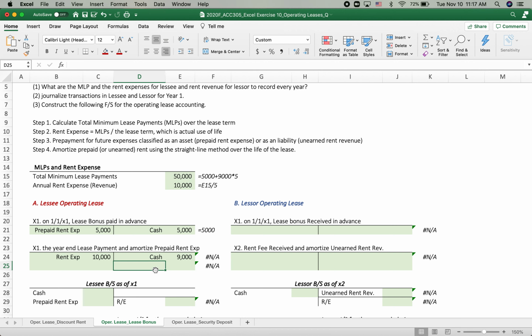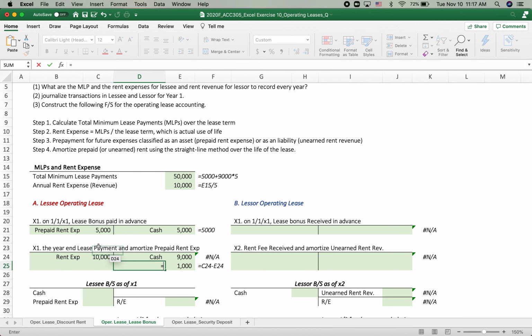Because they use this asset but paid only $9,000, the difference between the two should be the cost of using this asset. So the cash is $9,000, and the difference is $1,000. But what account do we need?